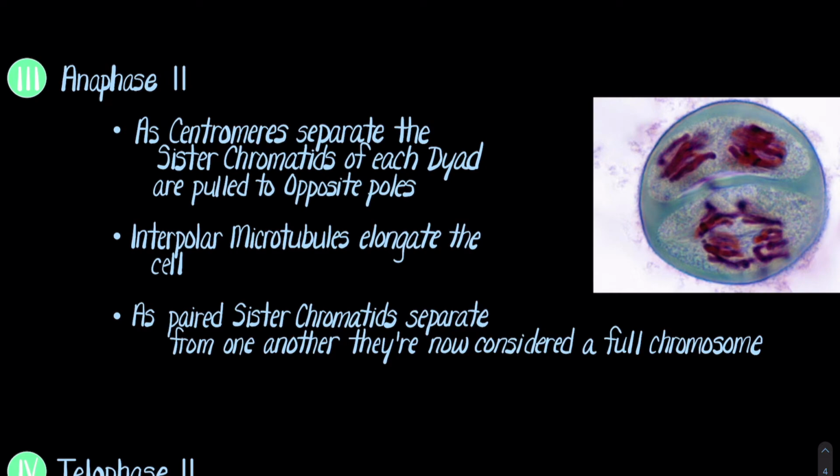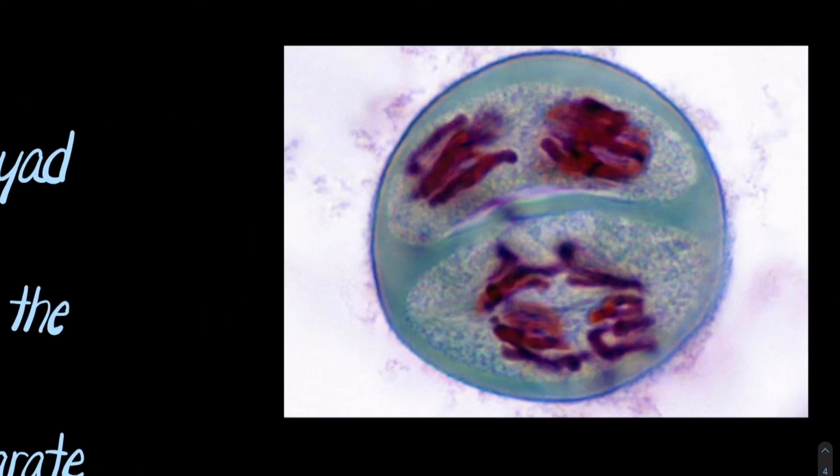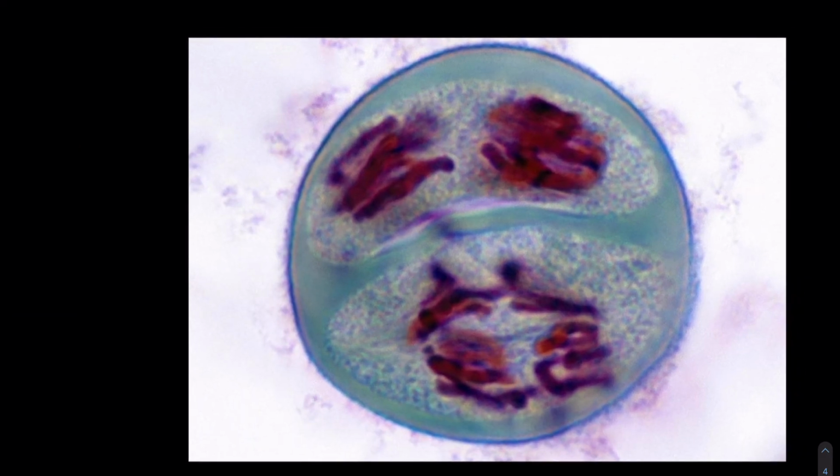Continuing along, we have Anaphase II. In Anaphase II, we see the same thing as Anaphase I, except it's double the amount. And so we have all 4 beginning to form, as you can see under the microscopic image. What you need to know for Anaphase II is that the centromeres are dividing, separating the chromosomes into sister chromatids.